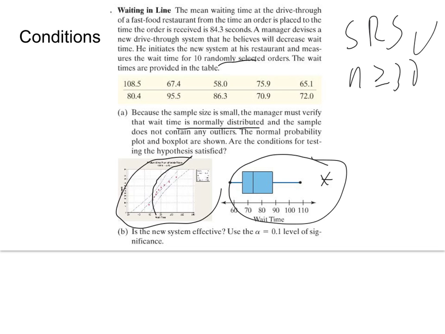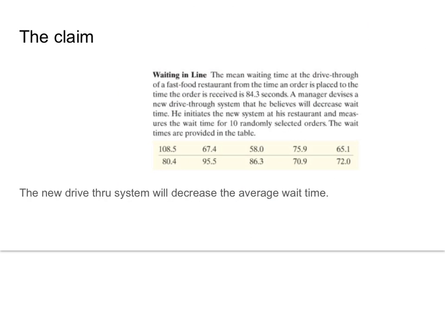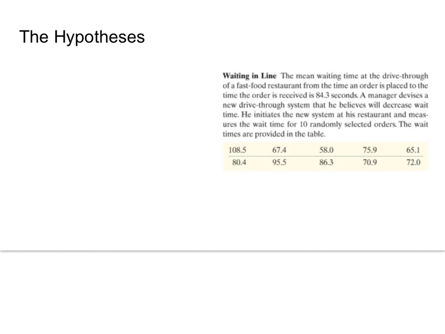So let's assume we've met all these conditions. We'll run the test. So the claim that the manager is making is that this new system will decrease the average wait time. What are our hypotheses? Well, H0 is that the average wait time hasn't decreased, and it's still 84.3.